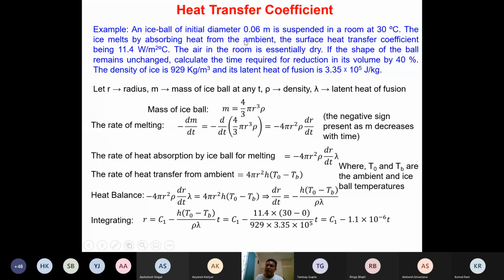The temperature of the ice ball, being ice, is 0, so TB is 0. Ambient temperature is 30 degrees Celsius, so 30 minus 0, divided by rho, which is 929 kg per meter cube, into lambda, that is 3.35 into 10 raised to the power 5, times t. And if we rearrange, what we get is R equals C1 minus 1.1 into 10 raised to the power minus 6 t. Is it correct?